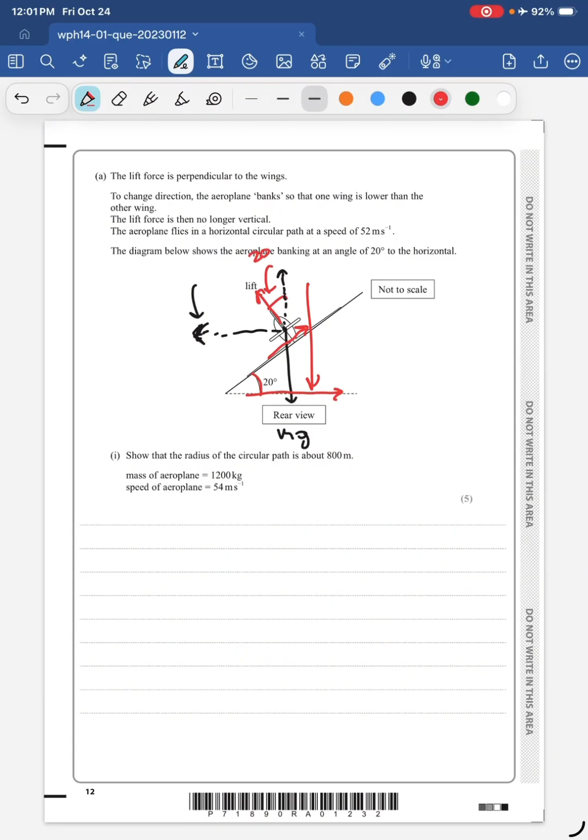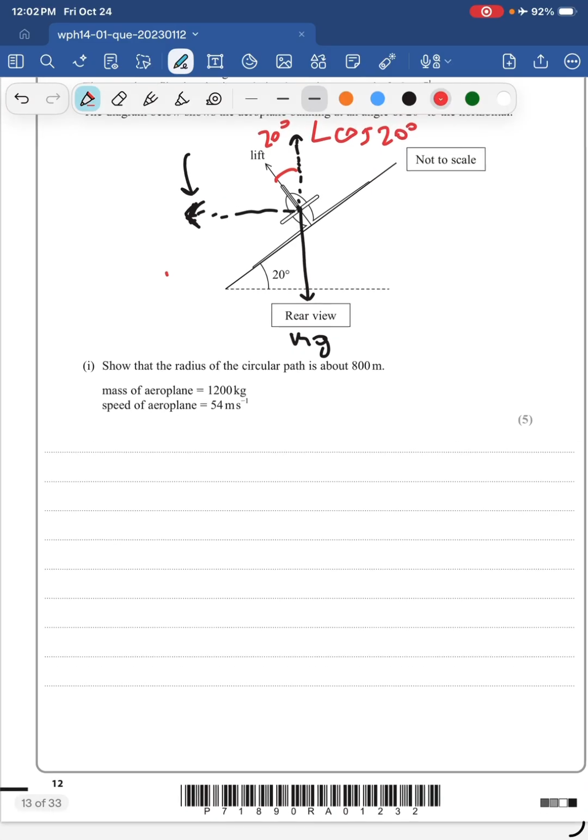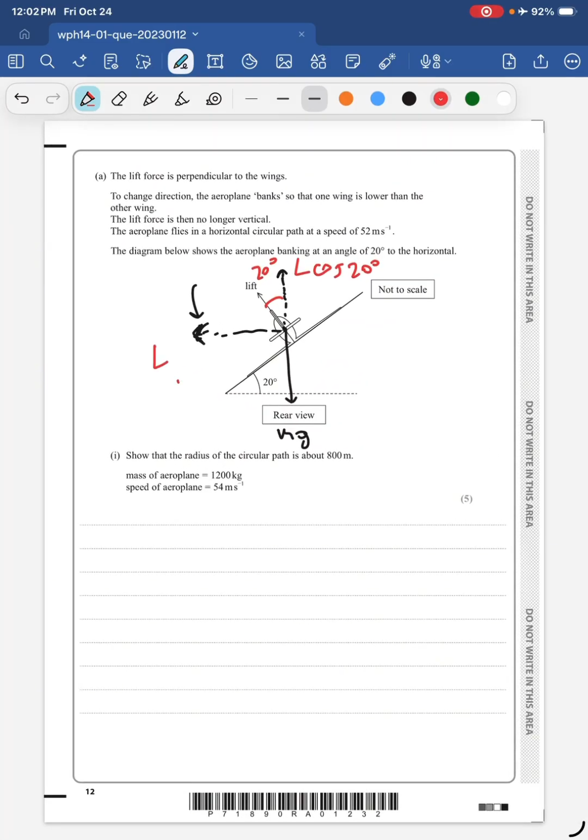I hope this makes sense. So actually, I'm gonna erase the red lines and just claim that this angle is 20 degrees, okay? And this is just from the geometry. Therefore, this component is gonna be L cosine 20 degrees, and this component is going to be L sine 20 degrees, okay?